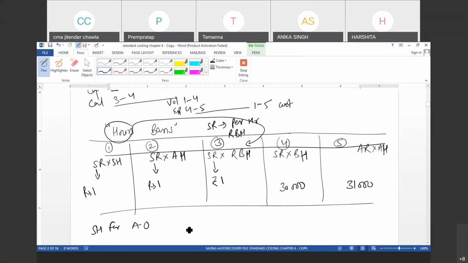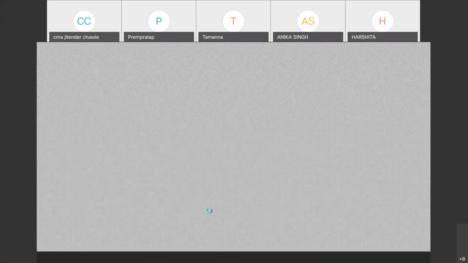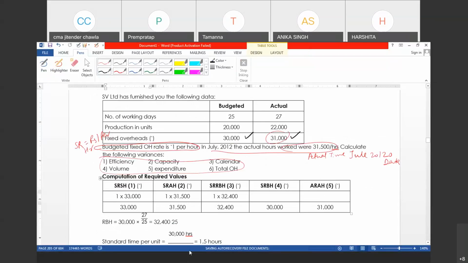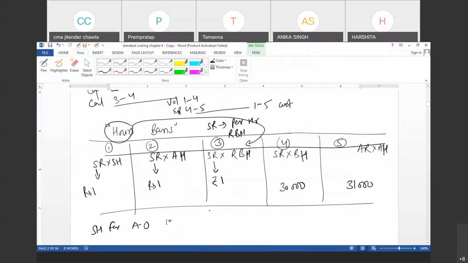Just consider SH, standard hours per unit basis, right?